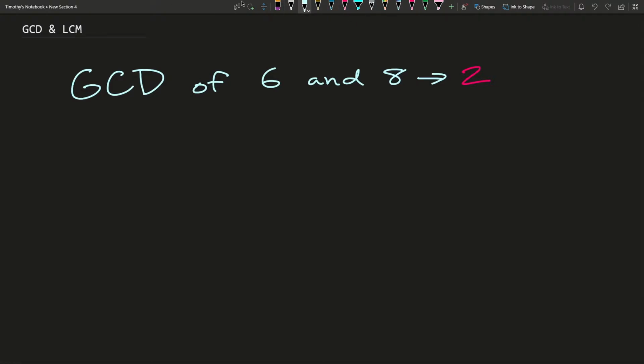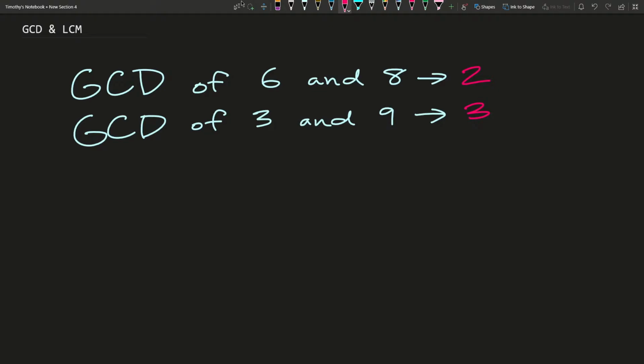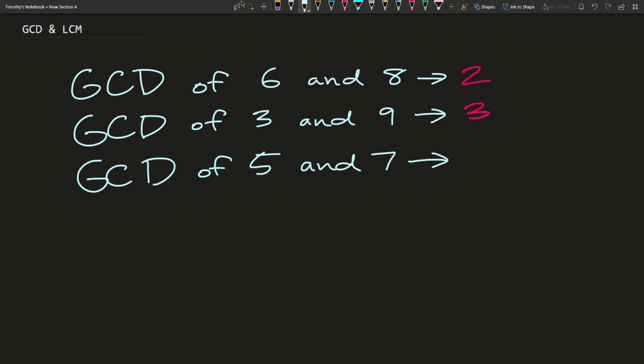Okay, let's look at a few more examples. Let's find the GCD of 3 and 9. In this case, it's just going to be 3, because that's the greatest number that evenly divides both numbers. Okay, a few more examples. GCD of 5 and 7. For this example, we should notice that none of the numbers will be able to do this except 1. So 1 is always going to be your lowest common divisor.